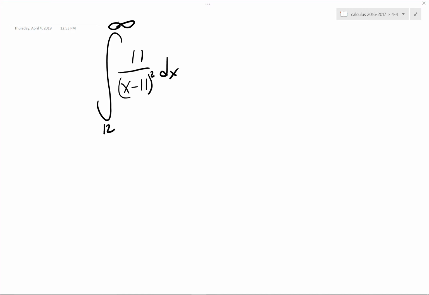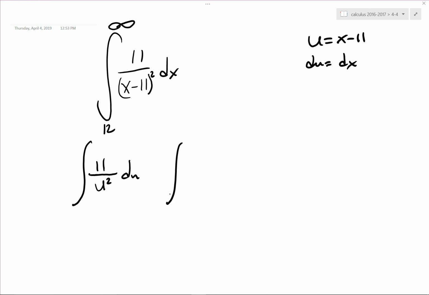All right, so what is the antiderivative of this beast? U substitution. I love it. So this could be rewritten as 11 over u squared du, which of course is the same as 11 u to the minus 2 du.